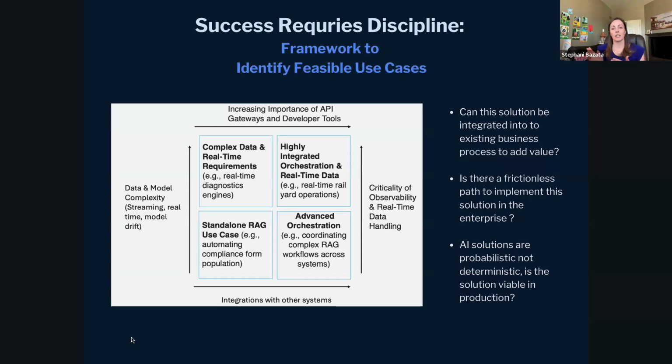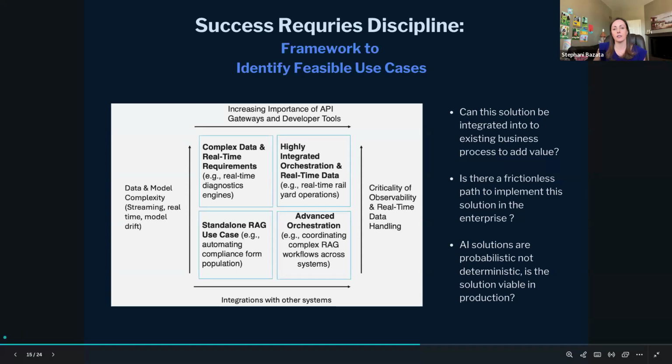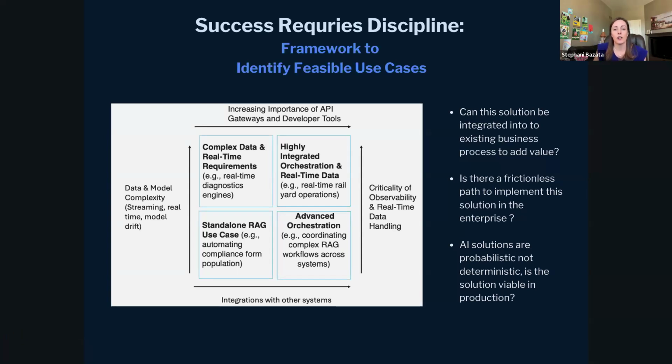But as you want to move up in maturity, either getting much more advanced in that orchestration or much more advanced in your data requirements or the timeliness of your data requirements, that's where it's going to be really important to be strategically planning out your foundational architectures and enterprise platforms around being able to have observability, data handling, and that API backbone, including a gateway and developer tools. So this is just a framework I like to use when thinking through, what do we want to do, how important is it to the business, what is our order of operations, and how do we plan and budget for the dependencies that are going to be needed to get us there.